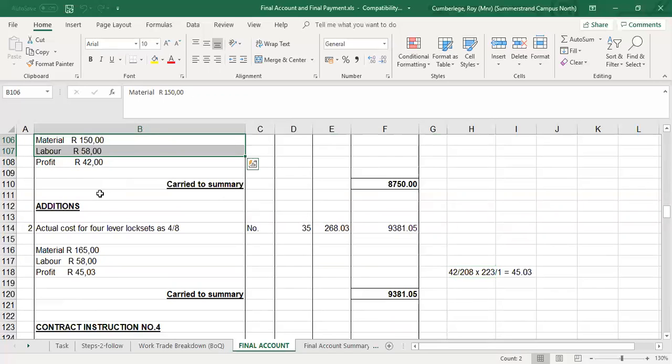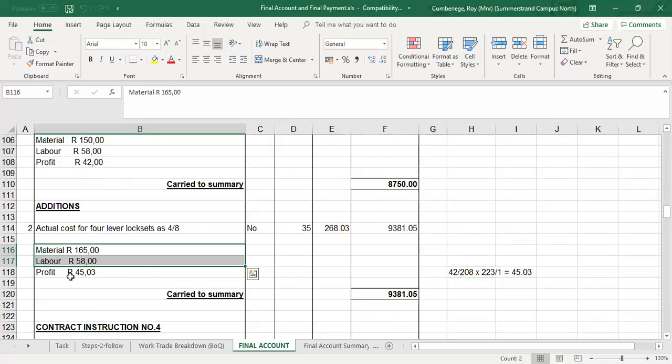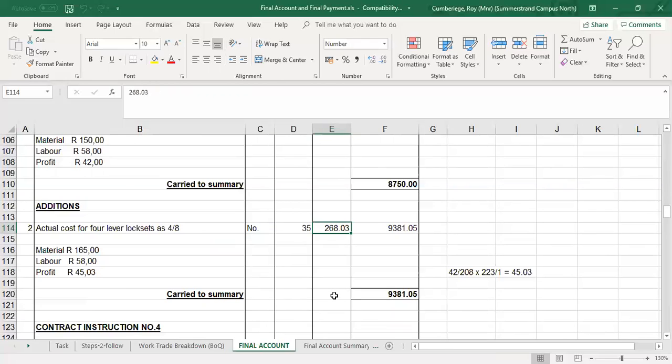That's originally. Times the actual, the current, which is 223 Rand, 165 plus 58. So that gives me a new profit figure of 48. If you add up the three totals, that will give me the new rate for the 4 lever lock set.